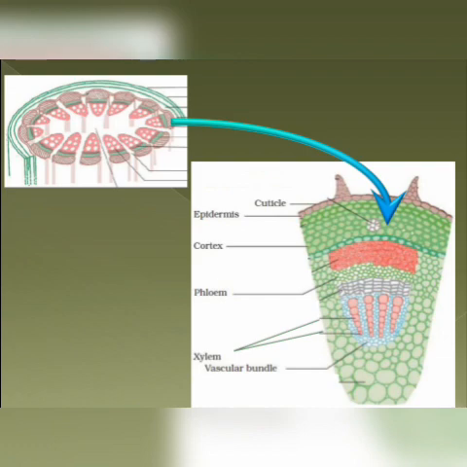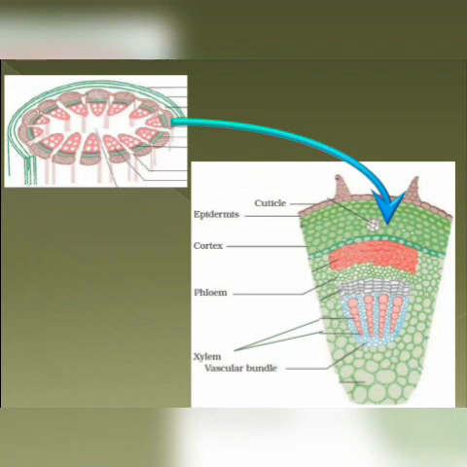Next, xylem is another type of vascular tissue that helps in transportation of water from roots to aerial or upper parts of the plant.